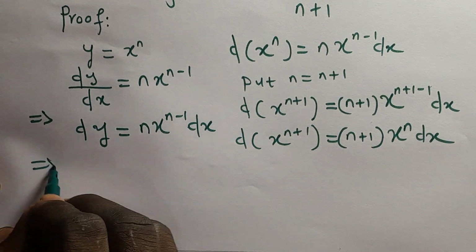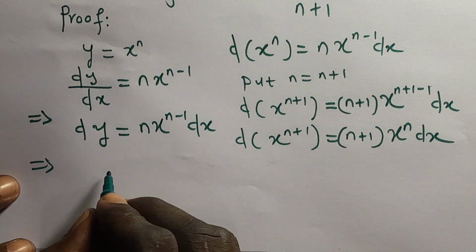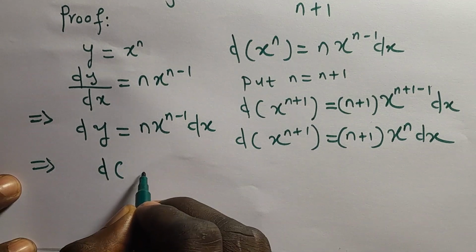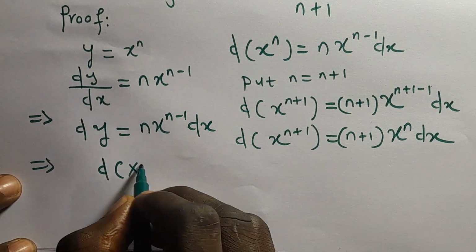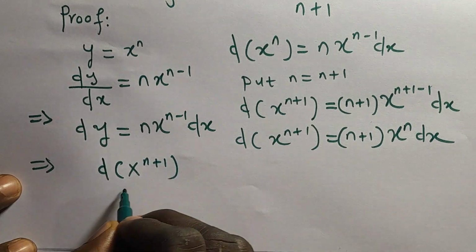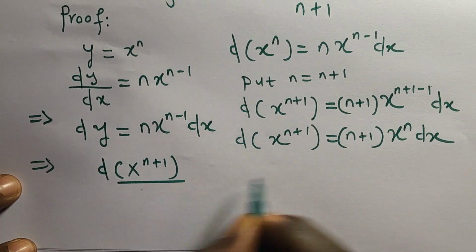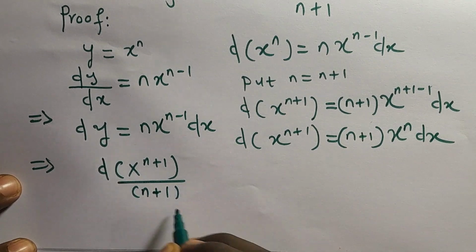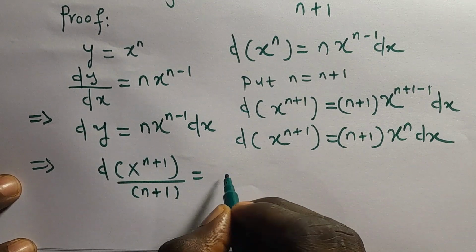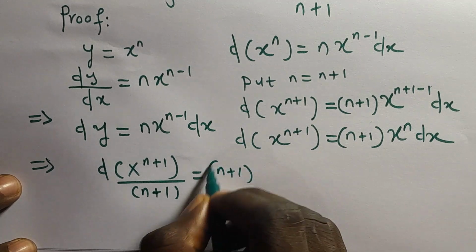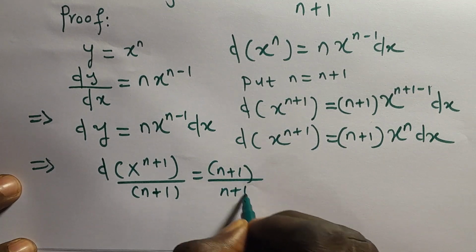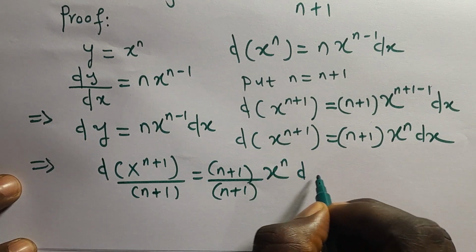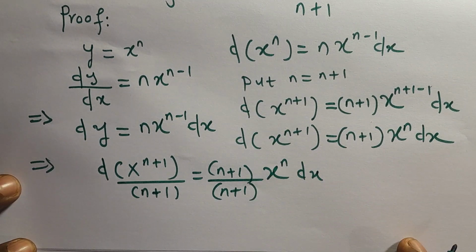So this implies that from here we have d of (x raised to n plus 1 divided by n plus 1). Then this one will be equal to n plus 1 divided by n plus 1, we have x raised to n, times dx.